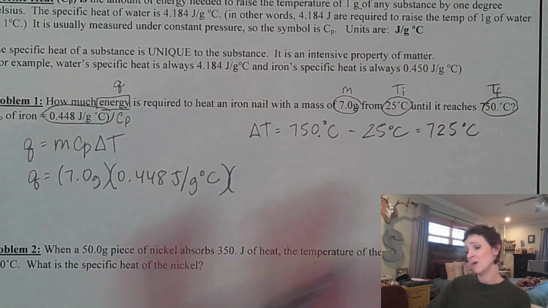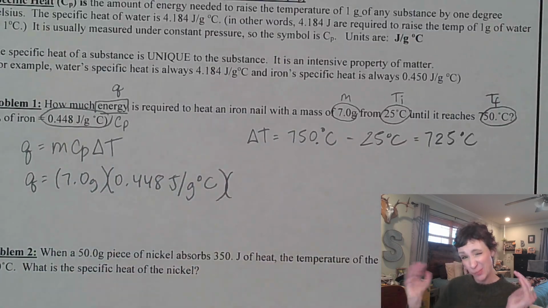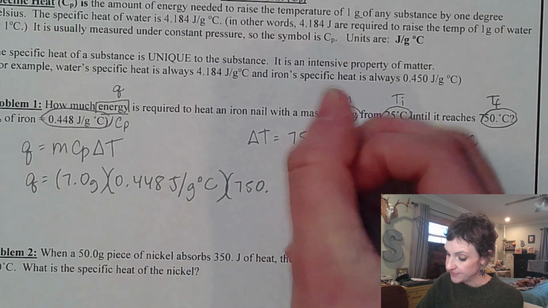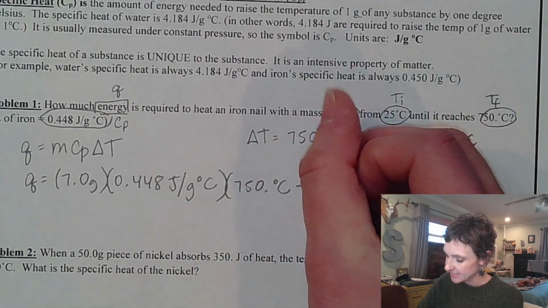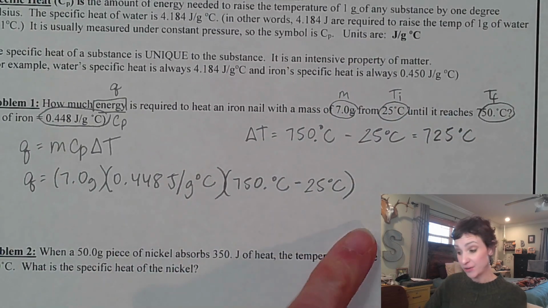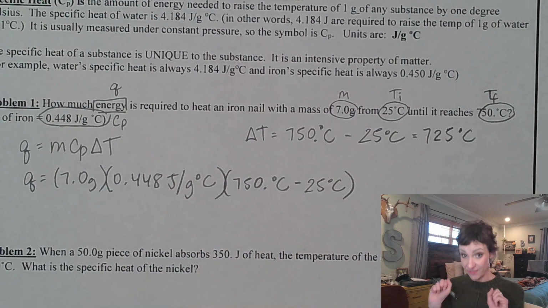Or if you were like, I don't want to have to write all that work, I totally agree. You can, in parentheses, do your final minus initial in there. Meaning you can go like this: 750 degrees Celsius minus 25 degrees Celsius. Okay, that is easier for me, but if you choose to do it this way, you're going to have to be on sig fig alert.